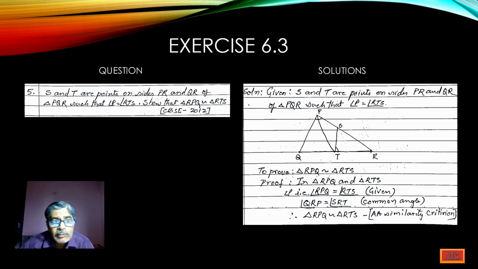So here the problem says that S and T are points on the sides PR and QR of triangle PQR, such that angle P is equal to angle RTS. Show that triangle RPQ is similar to RTS. Okay, let us see. Whatever is given, we will just write it down with the diagram. So what is it that we have to prove?